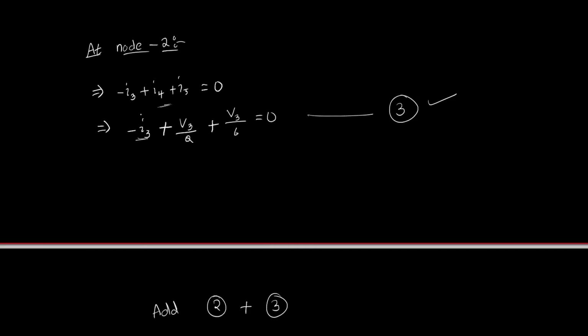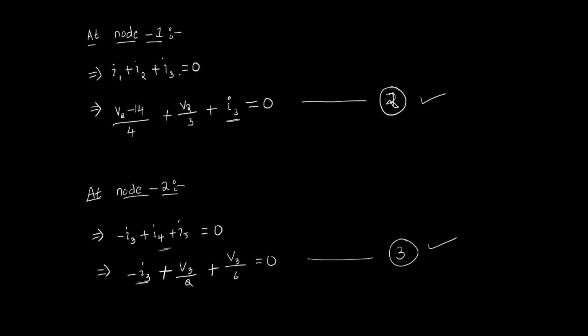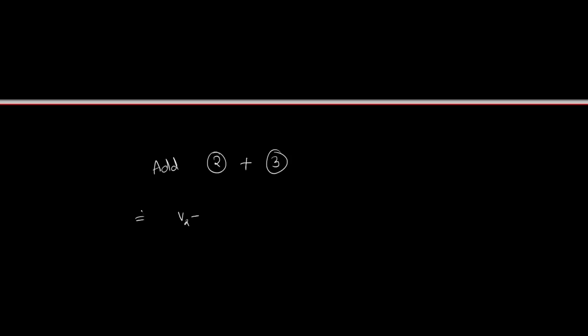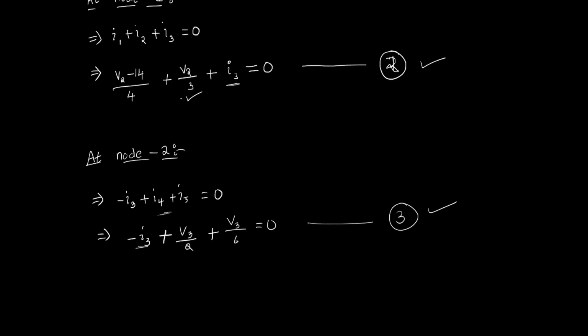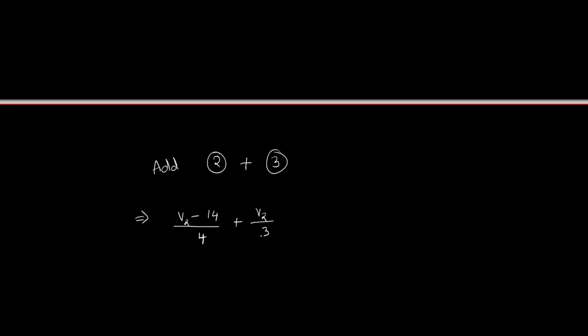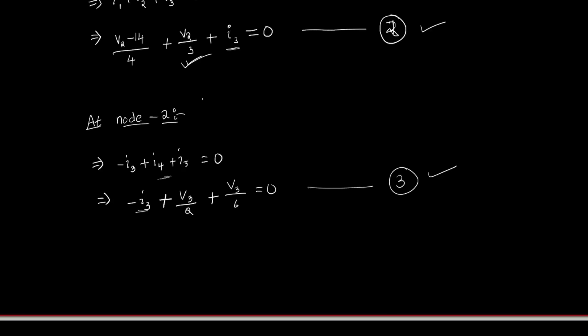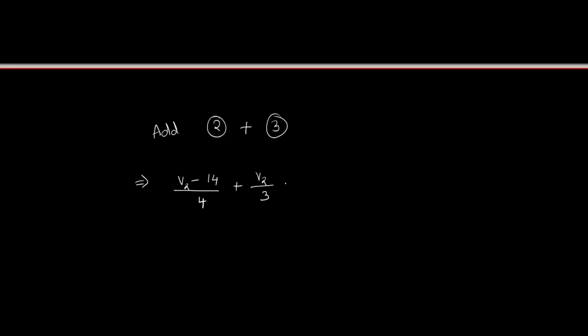So if we add equation 2 and equation 3, we will obtain V2 minus 14 by 4 plus V2 by 3, and here I3 will get cancelled as minus I3 and plus I3 is equating to 0, so these both will be cancelled and we are left with V3 by 2 plus V3 by 6 equals to 0.